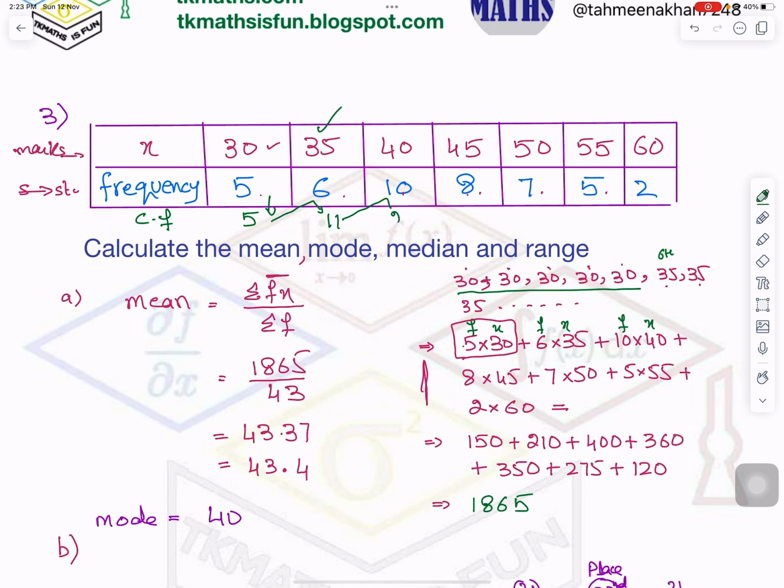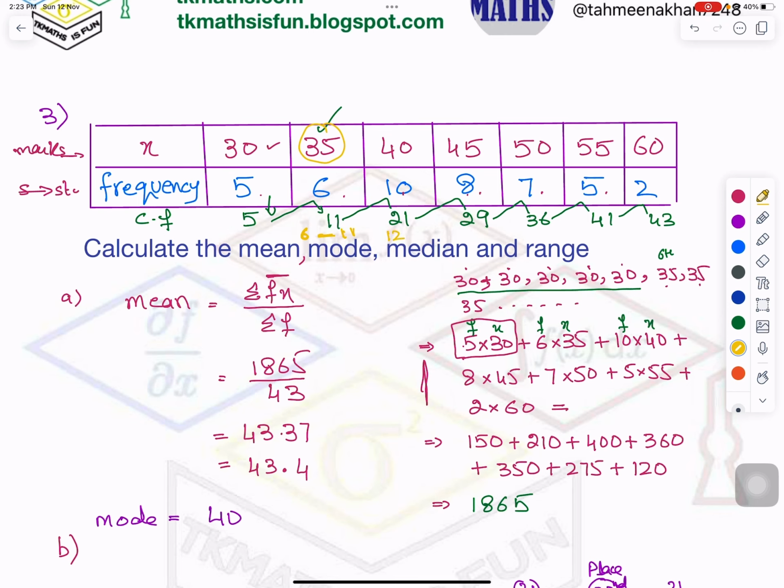So you just need to keep adding up. 11 plus 10 is 21, 21 plus 8 is 29, 29 plus 7 is 36, 36 plus 5 is 41, and then 43. So what does it mean? It simply means that from 6th place to 11th place you have this data.